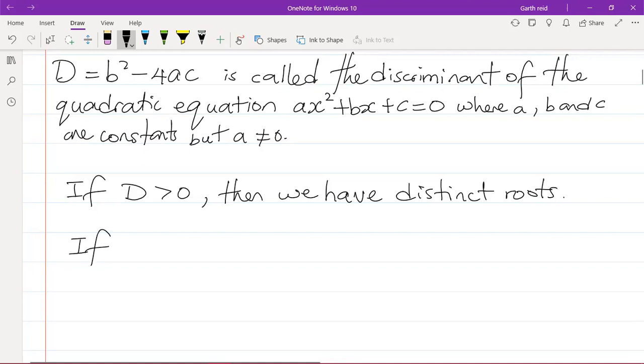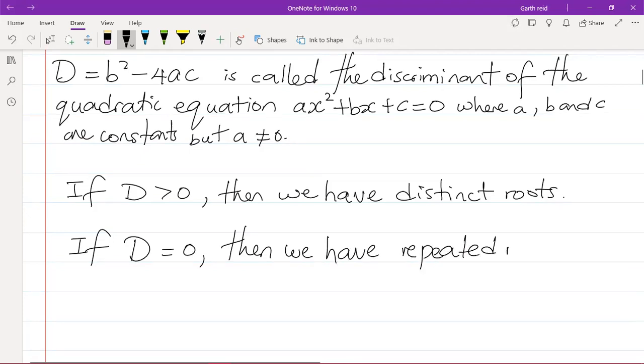Now, what if the value of D is equal to 0? If b squared minus 4ac is equal to 0, then we have repeated roots. Repeated roots just means that we really have one root.